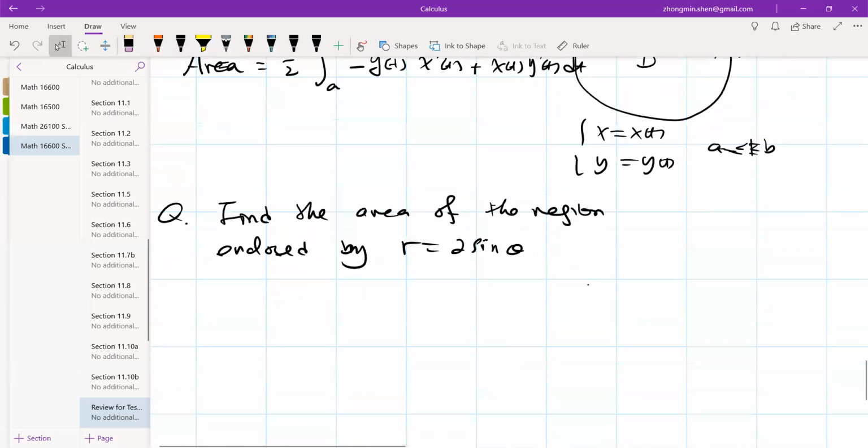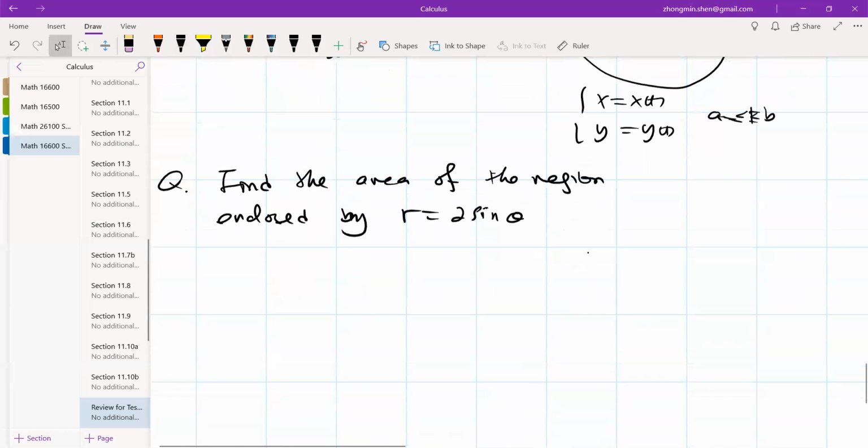We know that this is a circle actually. If you don't know, then how do you understand the picture? There's no restriction on theta. So when theta is increasing to pi/2, you get r equal to 2, that's the maximum. Then after theta passes pi/2, you get negative r.